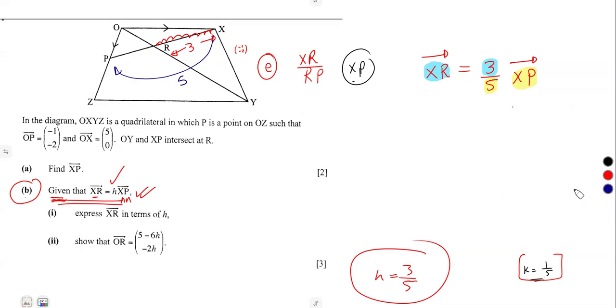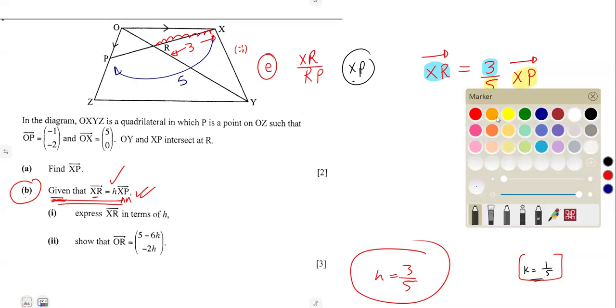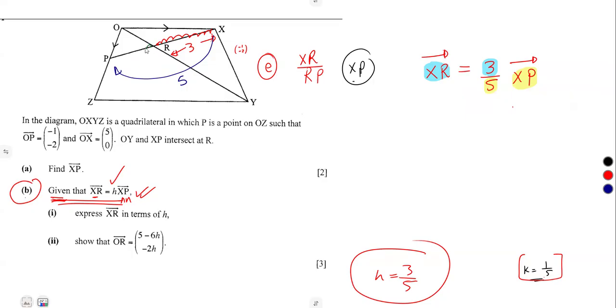So ask yourself now, what about here from R to P? If from X to P I have got 5 parts, and from X to R I have got 3 parts, what about from R to P? How many parts are remaining, representing RP?